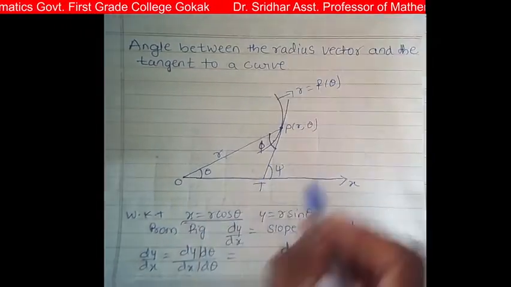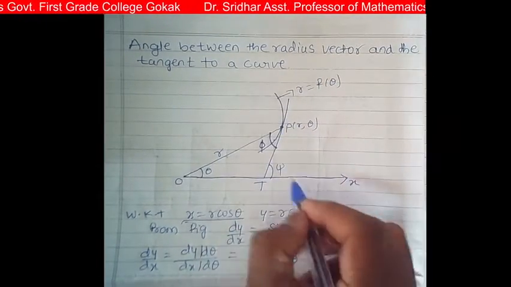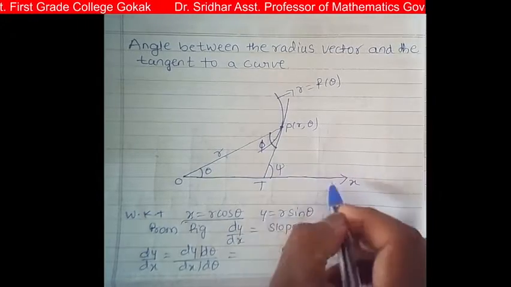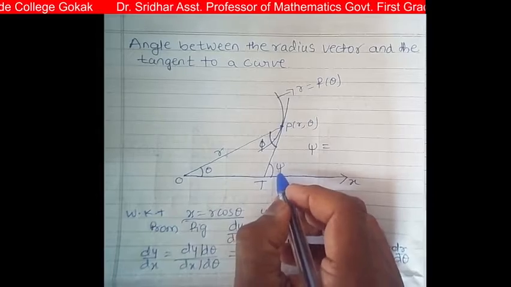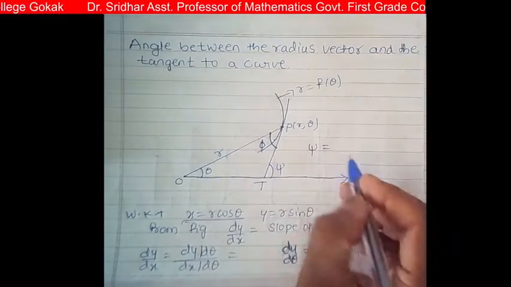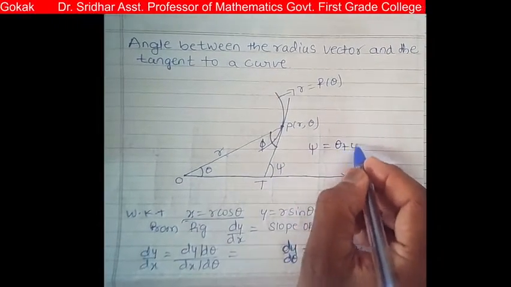Now in this case, psi is an exterior angle. From the geometrical property, the exterior angle psi is equal to the sum of the interior angles, so psi is equal to theta plus phi.